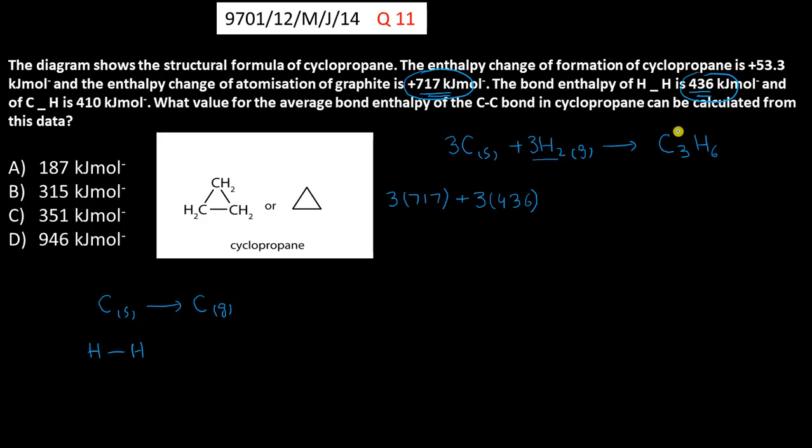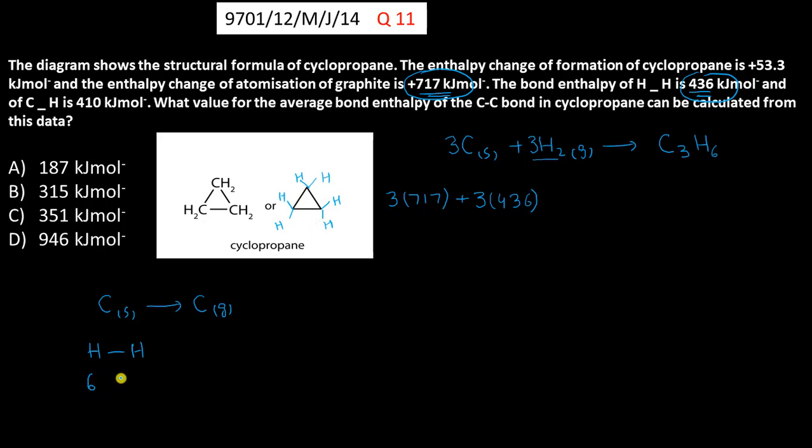Okay, now if I talk about cyclopropane, there are a total of 6 carbon to hydrogen bonds, as each carbon of cyclopropane is connected with 2 hydrogen atoms.